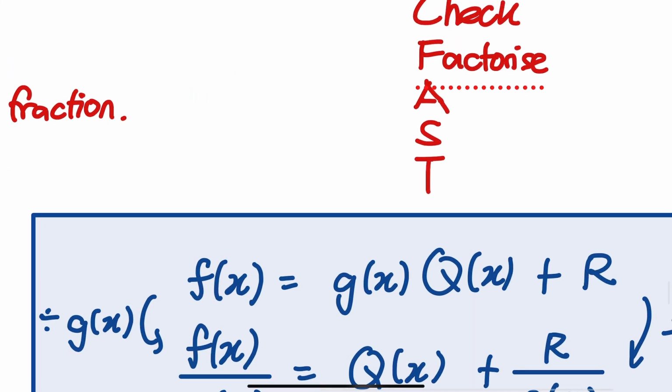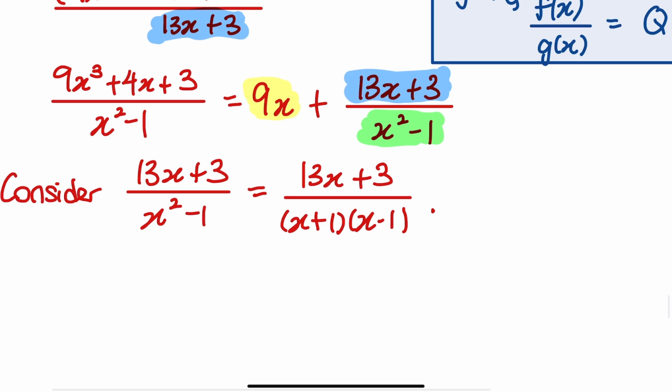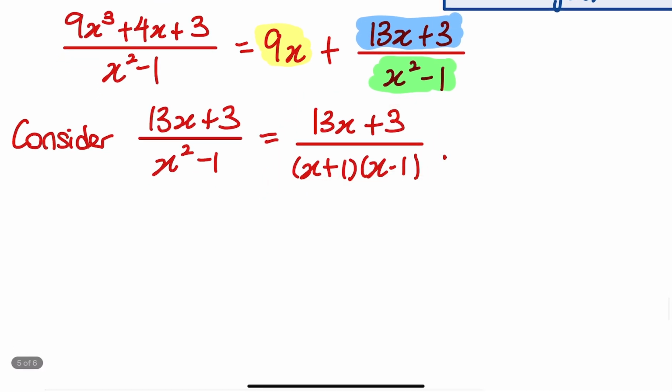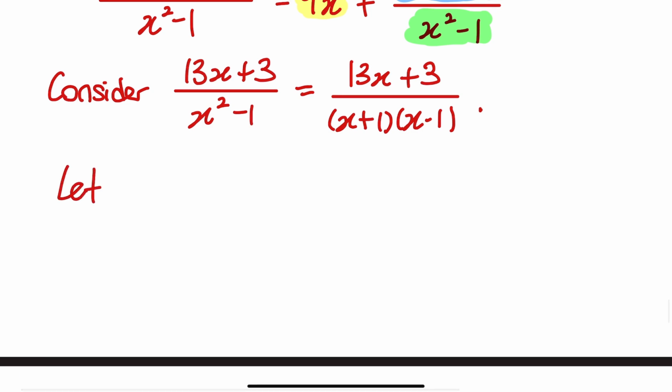Next step, assign. Remember, what does assigning mean? It means that based on my proper fraction, I want to break this into its partial fractions. So I'll let 13x plus 3 over x plus 1 times x minus 1 be equal to its partial fractions.